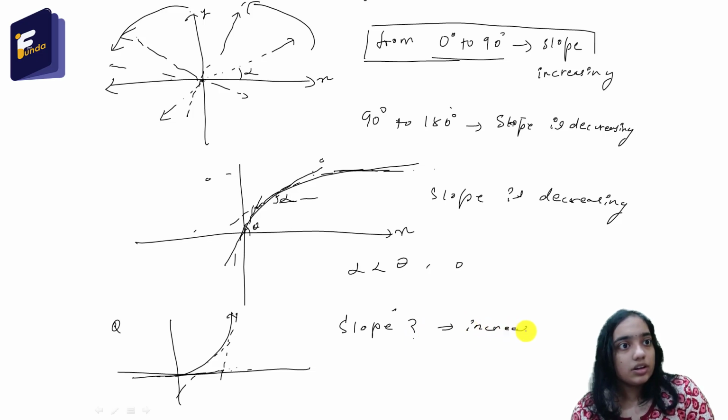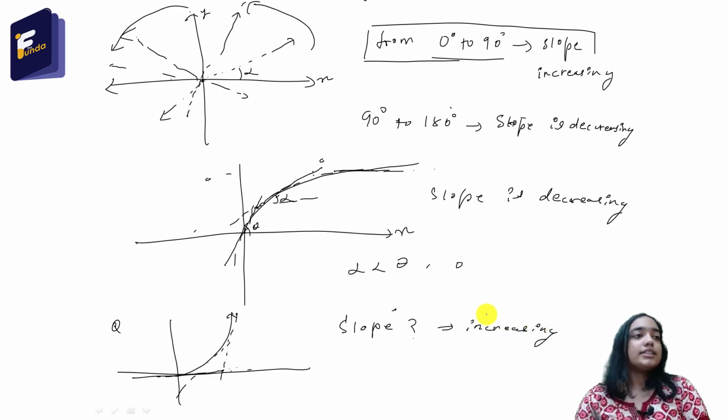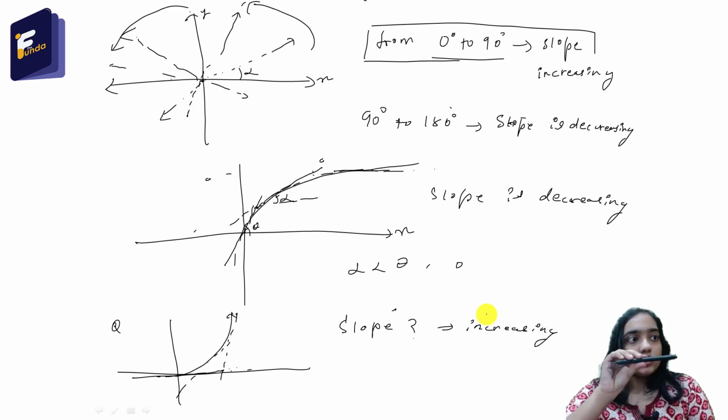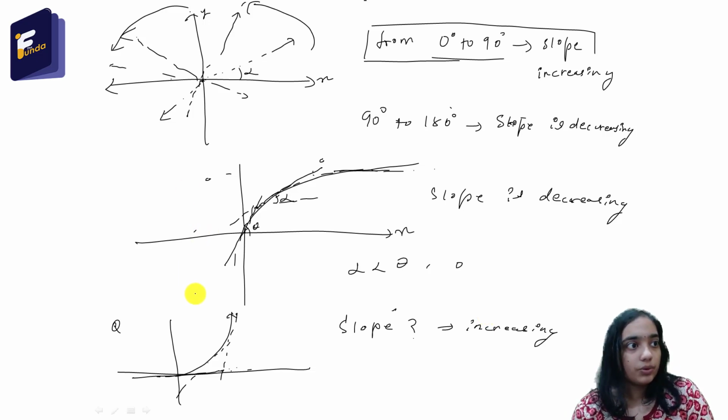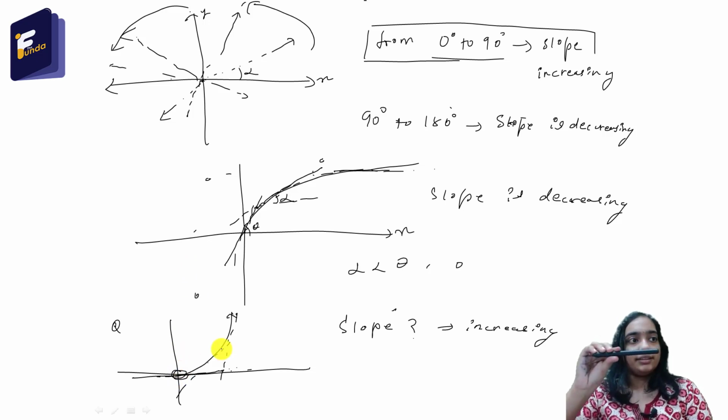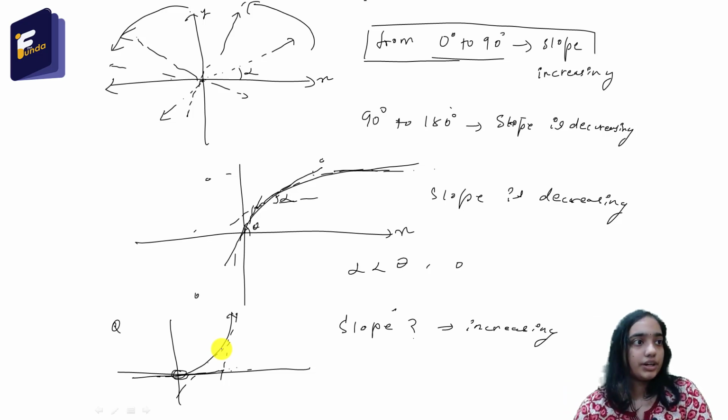How can I find this? By just moving my pen. You have to first keep your pen at the initial point. This is the initial point, so you have to keep your pen like this. From a horizontal position, the pen is moving like this. At this point, the pen is in the horizontal direction.